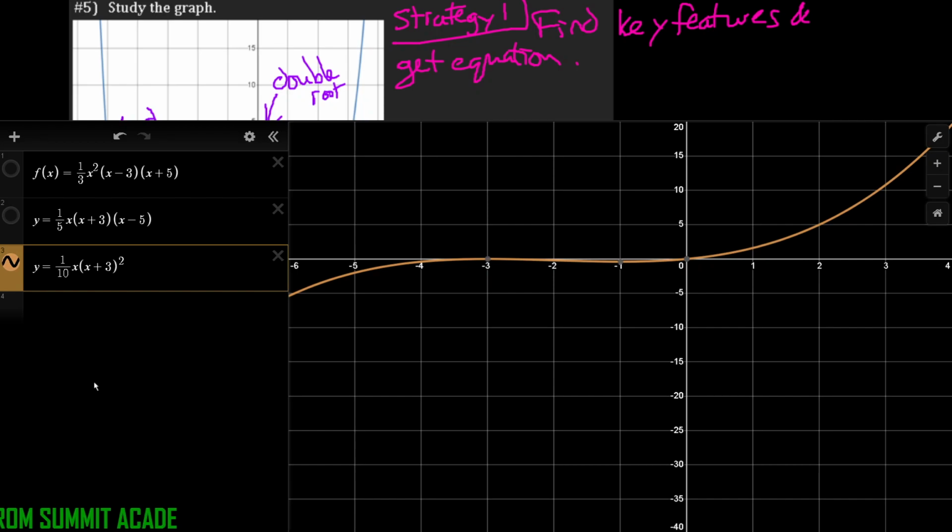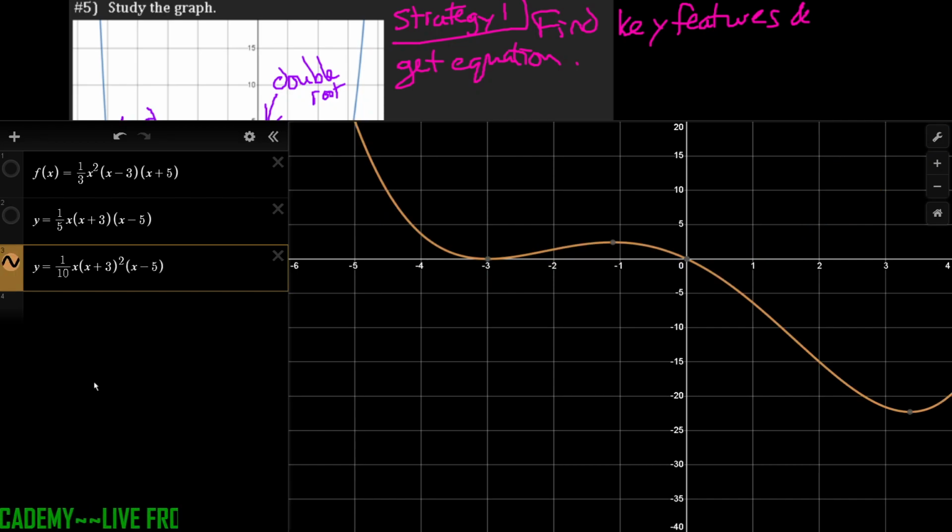Yeah. So looking at this picture, again, this is the strategy 2 where I'm just plugging in those equations, seeing if they work. This one obviously doesn't work either.